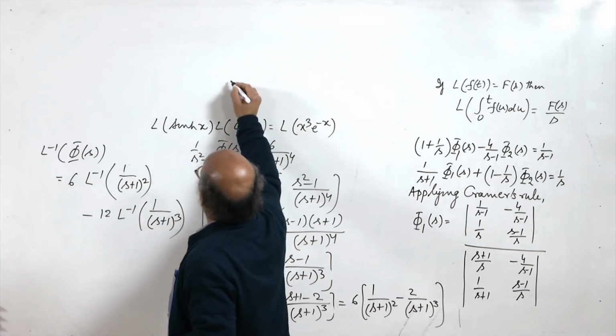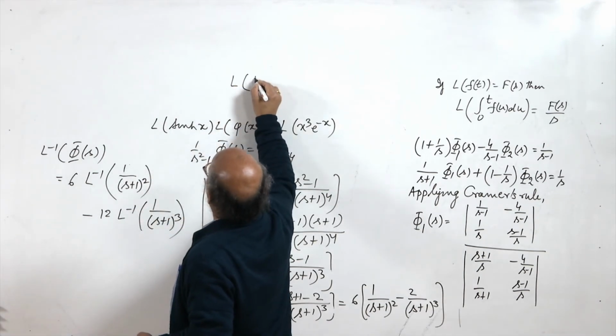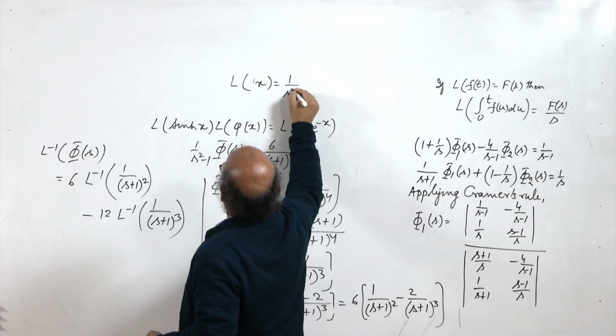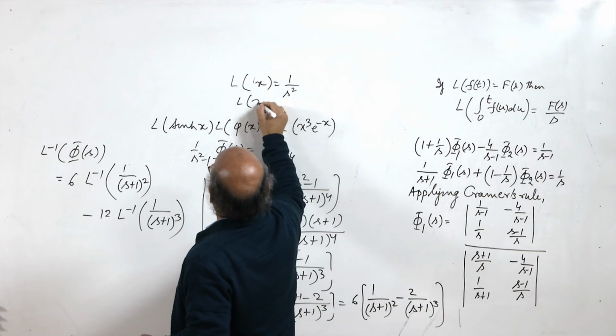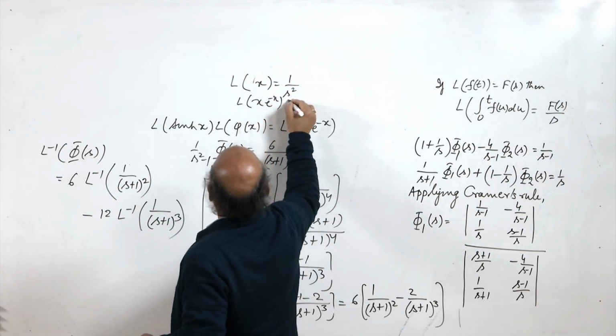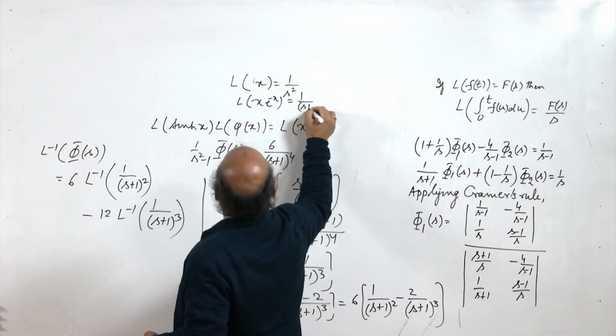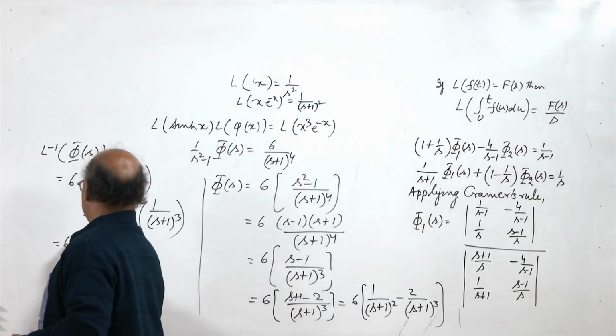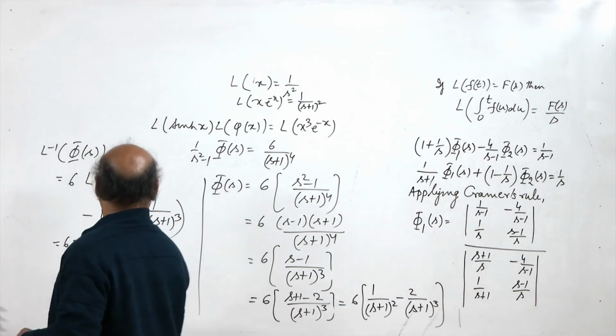Now, the Laplace transform of x is 1 over s square and the Laplace transform of x e to the power minus x is 1 over s plus 1 whole square. So, this is 6 times x into e to the power minus x.